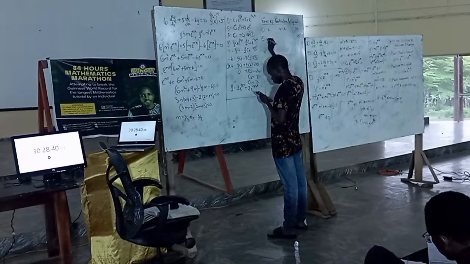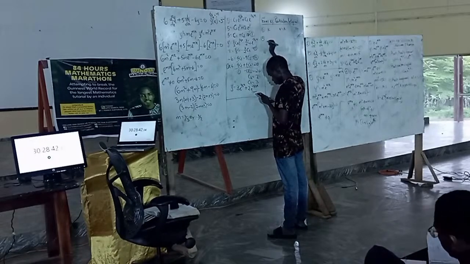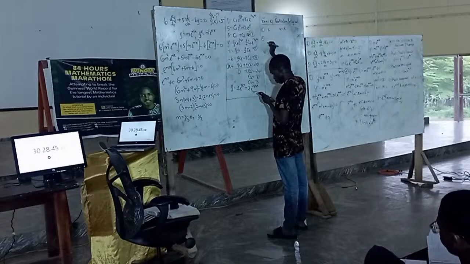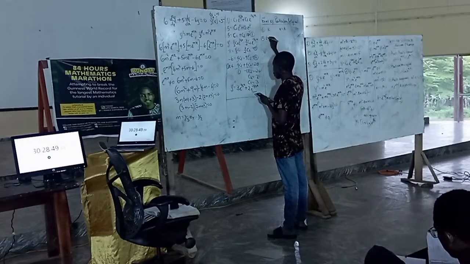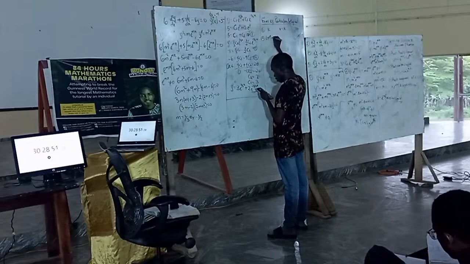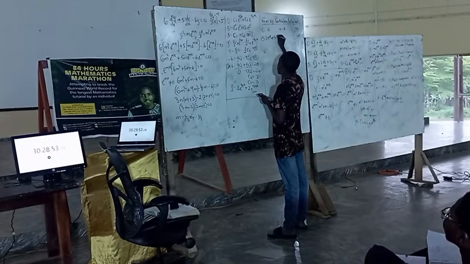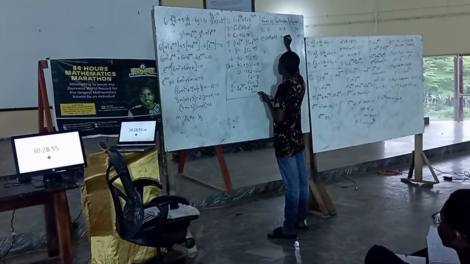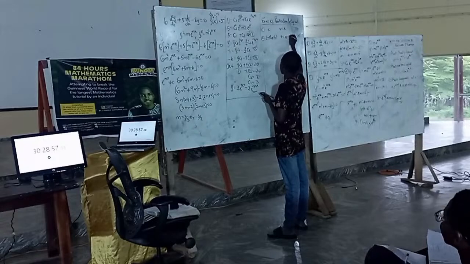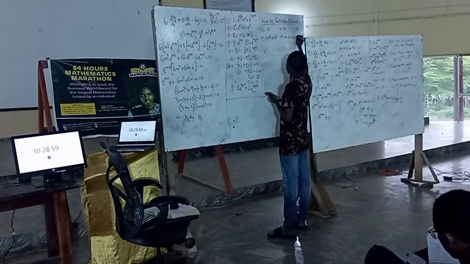Number 2, if you have l plus mx plus nx squared, then you have y equals a plus bx plus cx squared.